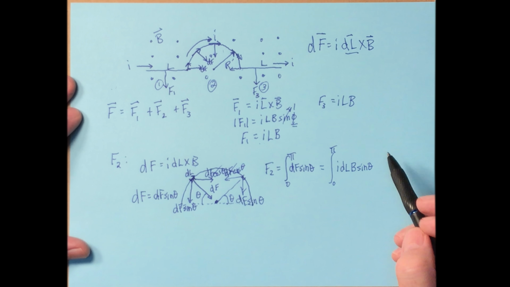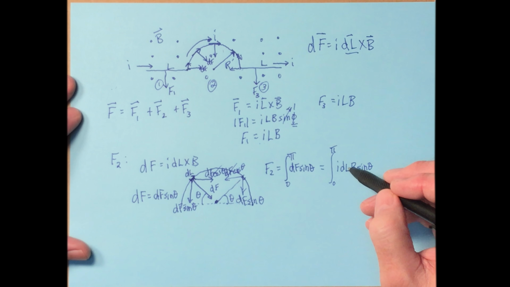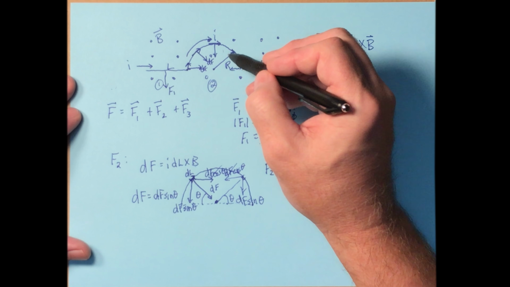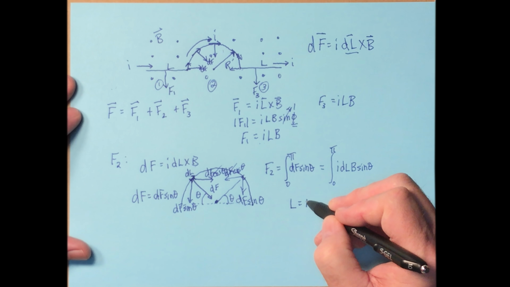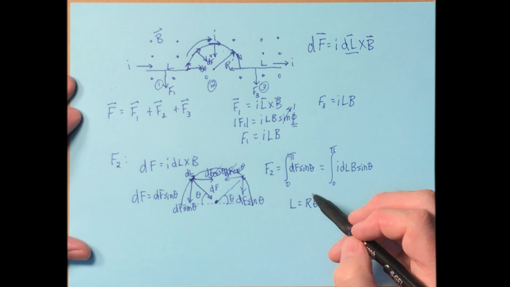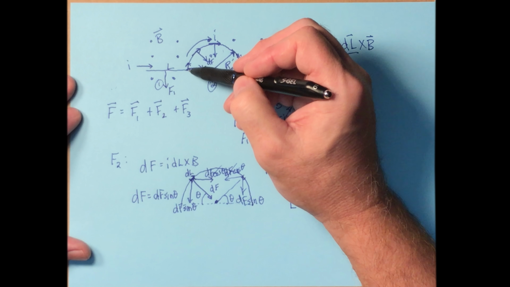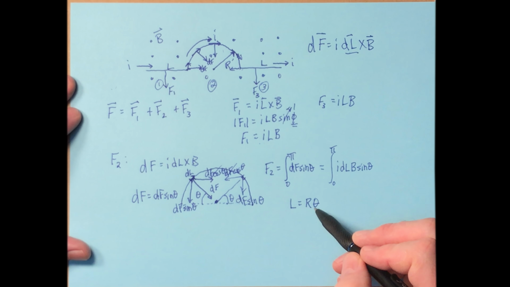Okay. All right. Now, here's what you need to realize. If we're integrating over dL, and since we're talking about a circular arc here, then L is equal to R times theta. That is the length if we were to straighten it out. That's the arc length, S equals R theta. Theta is going to be in units of radians. R is that radius there, which we could call R prime.